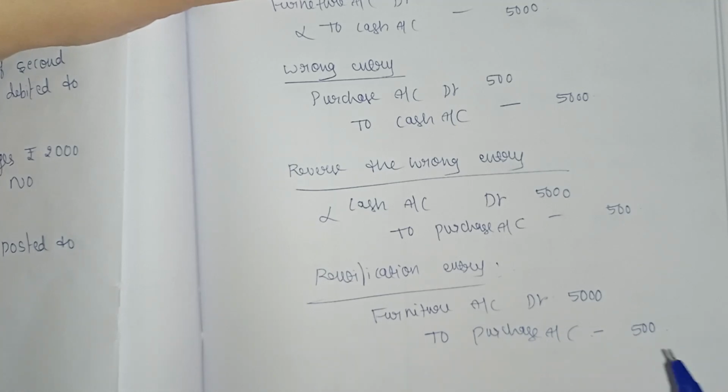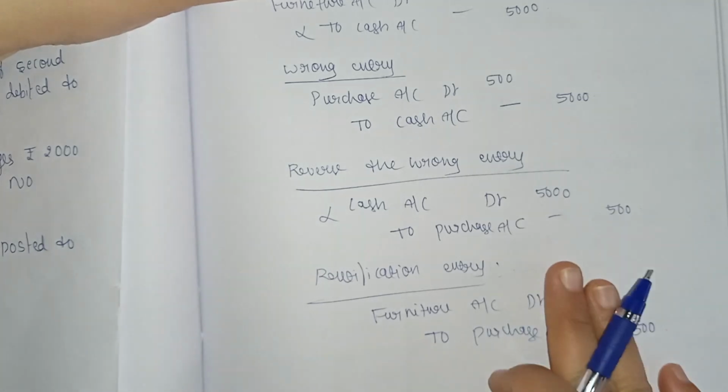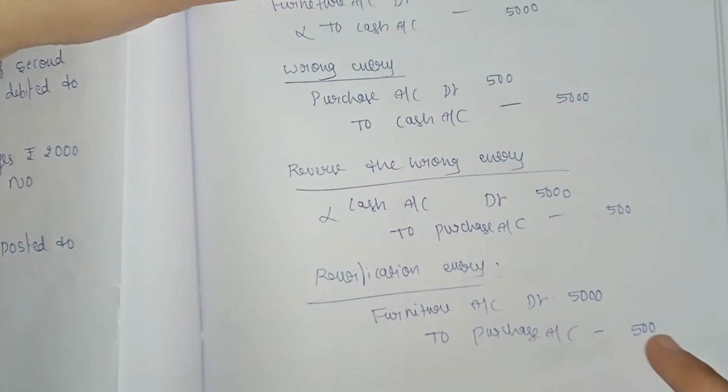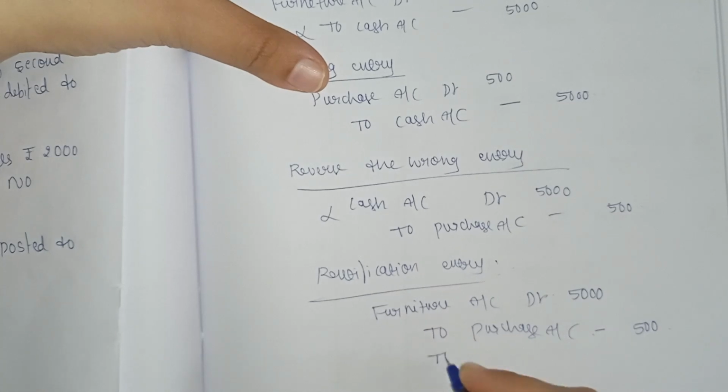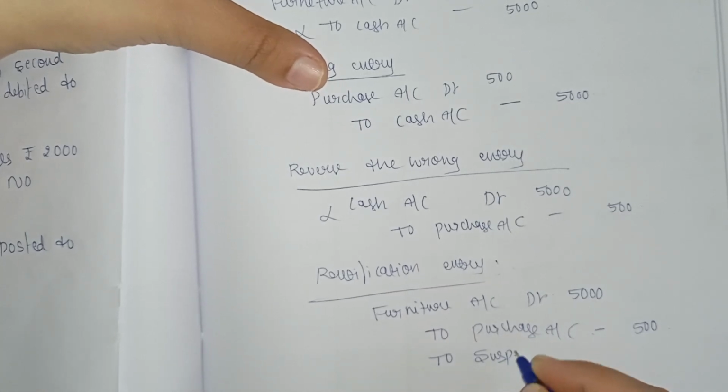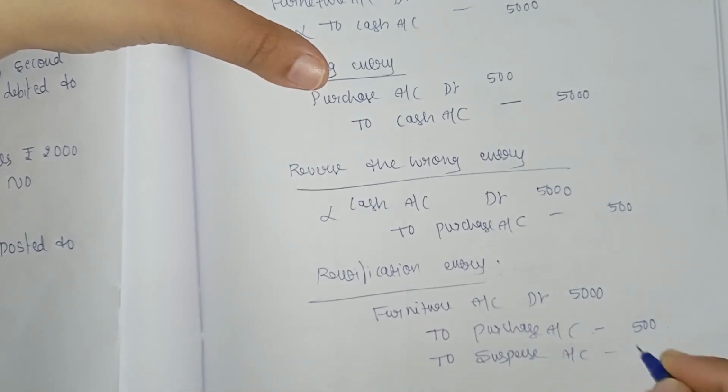Now we have to adjust this short recorded amount of rupees 4500. For that we use suspense account to adjust rupees 4500. That was completely omitted. So write down here to suspense account, rupees 4500.